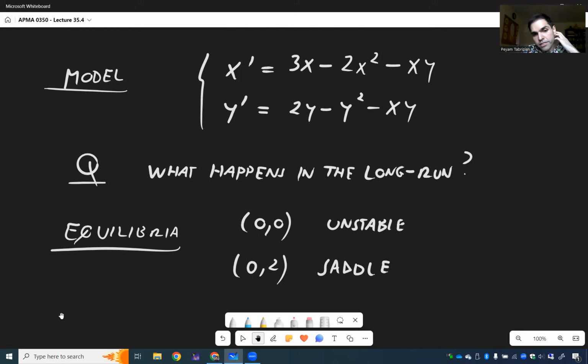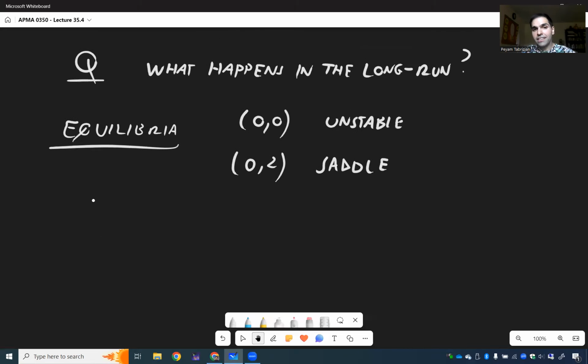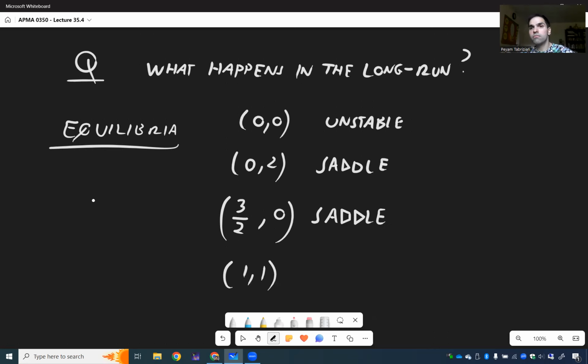And then there is maximum number of rabbits. So 3.5 and 0 and no sheep, which is also a saddle. And finally, 1, 1, half rabbits, half sheep, which is stable.